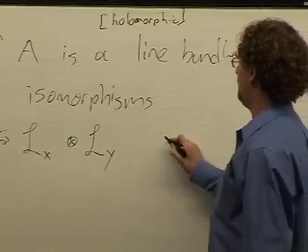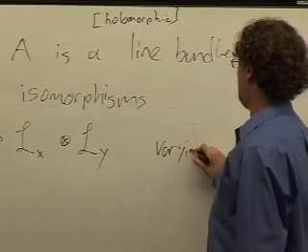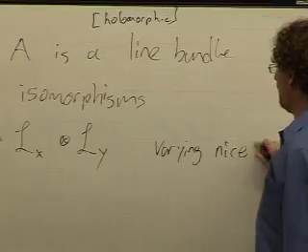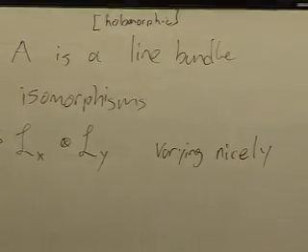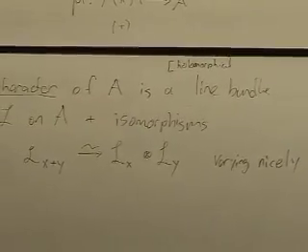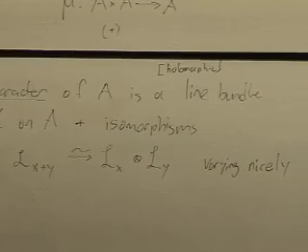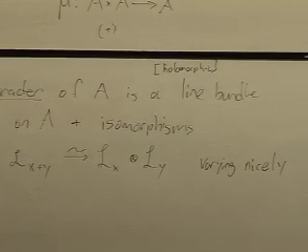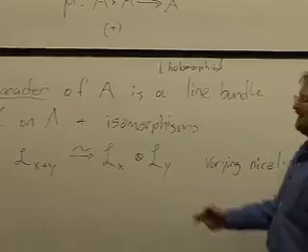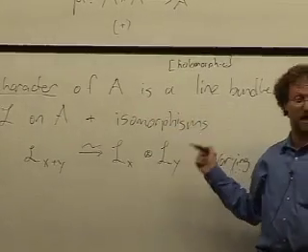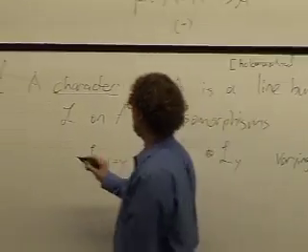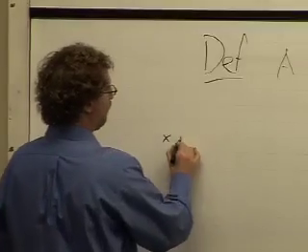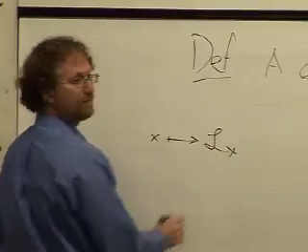These are isomorphisms varying holomorphically. So how do I want to think of this as a character? Usually in a character we think of a function. To each point we assign a non-zero complex number. Here, instead of a non-zero complex number, I'm assigning a one-dimensional complex line. That's what a line bundle is: an assignment from points to lines.